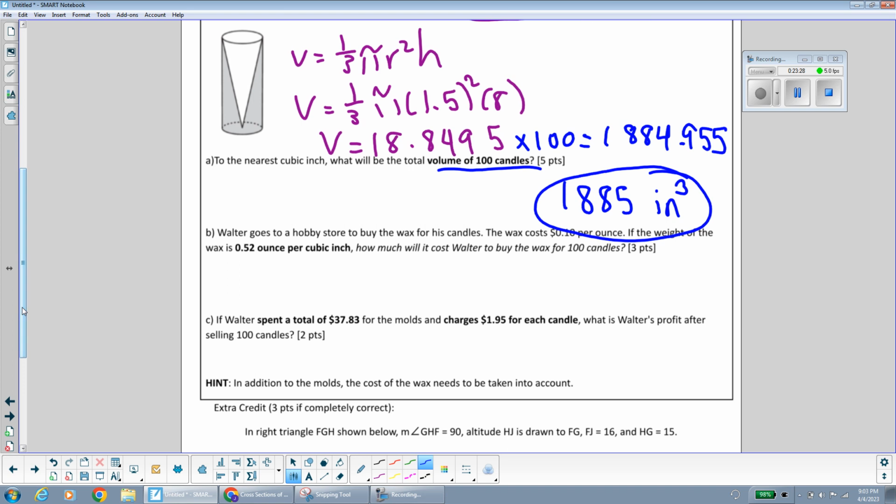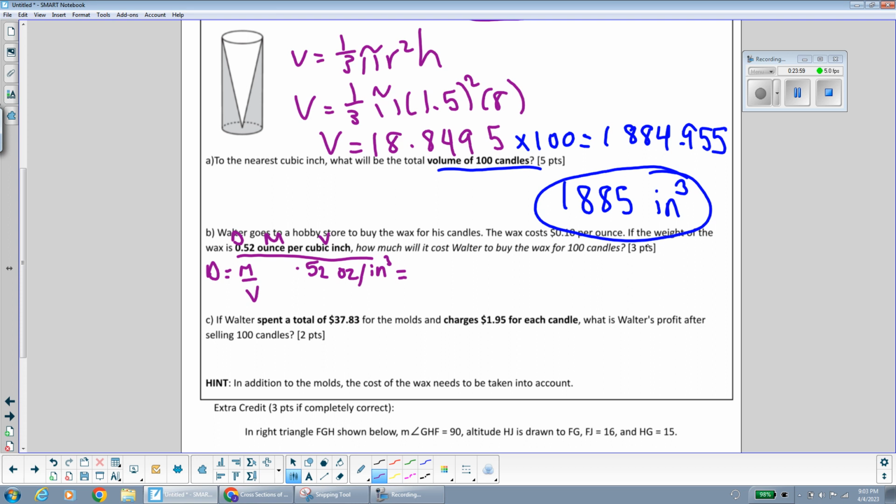Okay. So in the next part of the question, we're given this number that has 2 units. One unit's the mass unit, the other is the volume unit. So that tells us this number is the density. So plugging into my density formula, remember density equals mass over volume. We have 0.52 ounces per cubic inch.